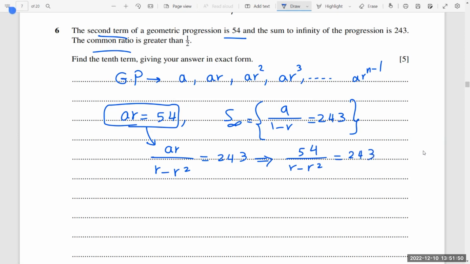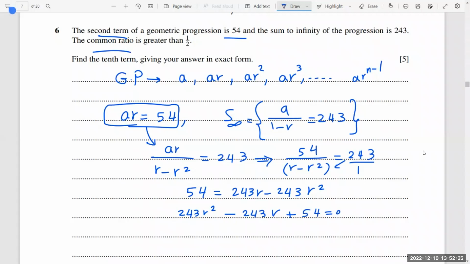By cross multiplication, product of means equal product of extremes, I have 54 is equal to 243 times r minus r squared. So 243r minus 243r squared. Arrange this equation to get 243r squared minus 243r plus 54 is equal to 0.